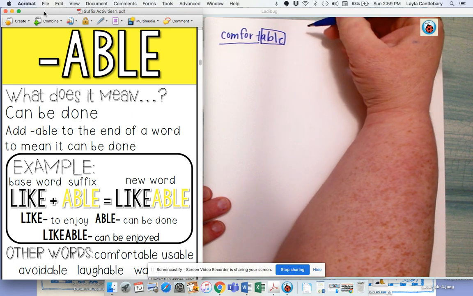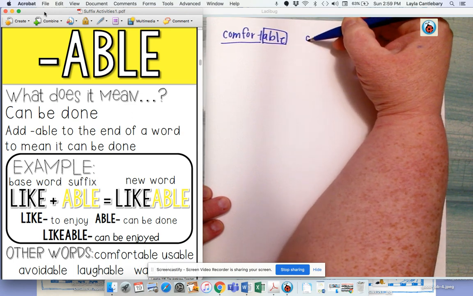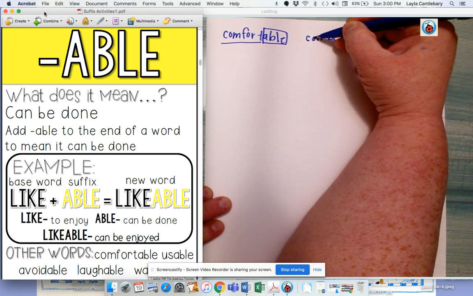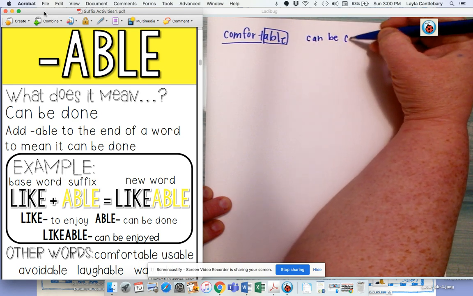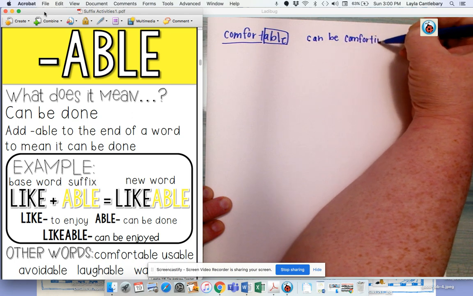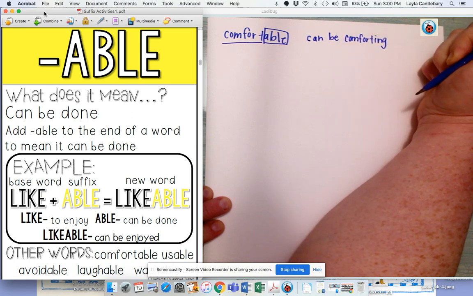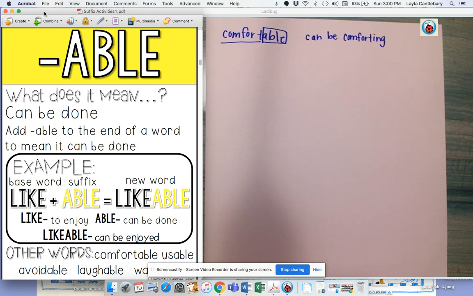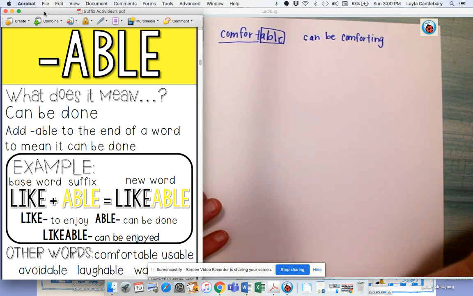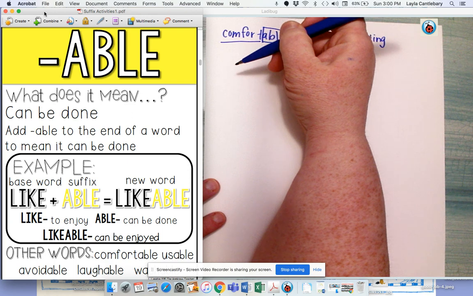So comfortable would be can be comforting. Okay? I don't have to put done on there. I just need to put can be comforting. No, I didn't say can be comfort, because that didn't sound right. So I added the ing to make more sense.